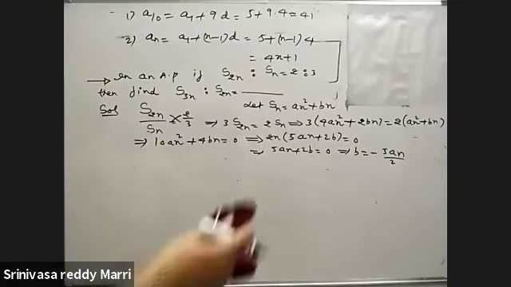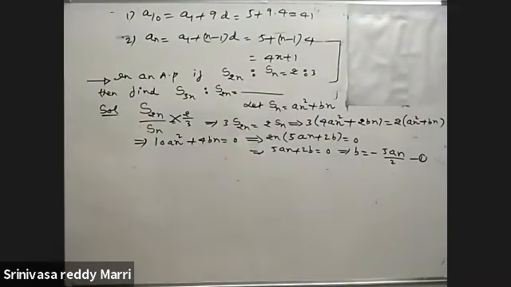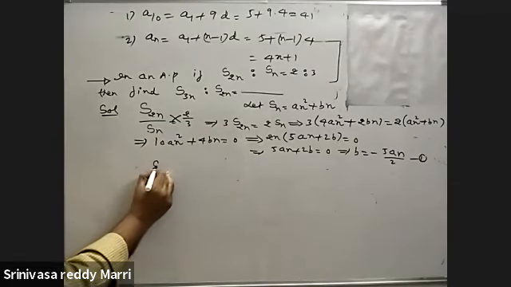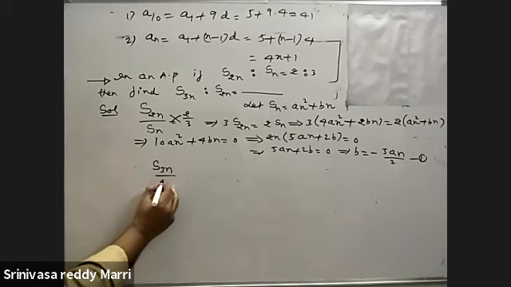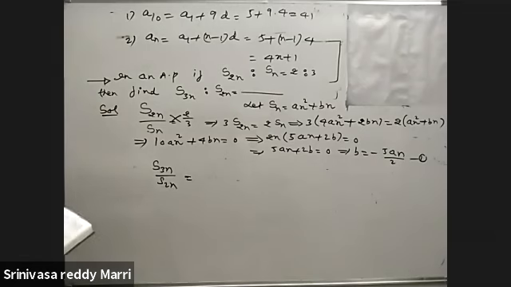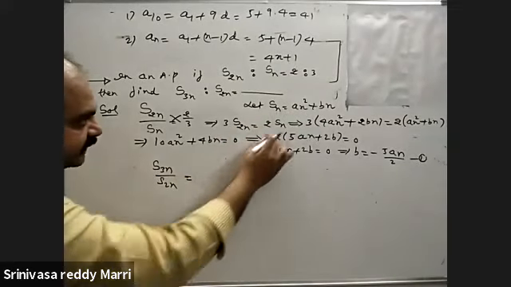Now what you need to calculate is S3n divided by S2n. S3n means in place of n you substitute 3n.